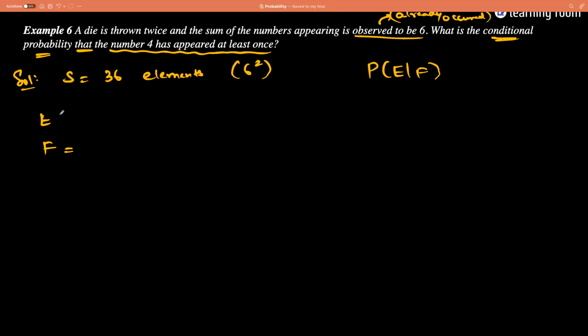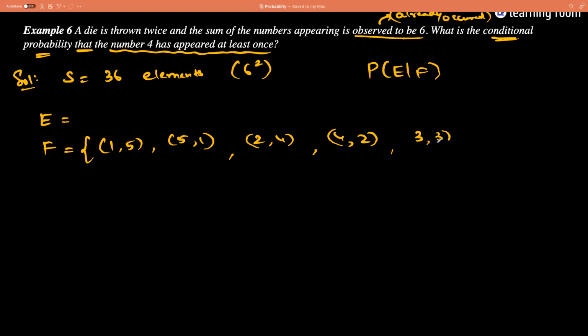That should be taken as E. So what is F? F is 1, 5, 5, 1, then 2, 4, 4, 2, then 3, 3, and we are done.